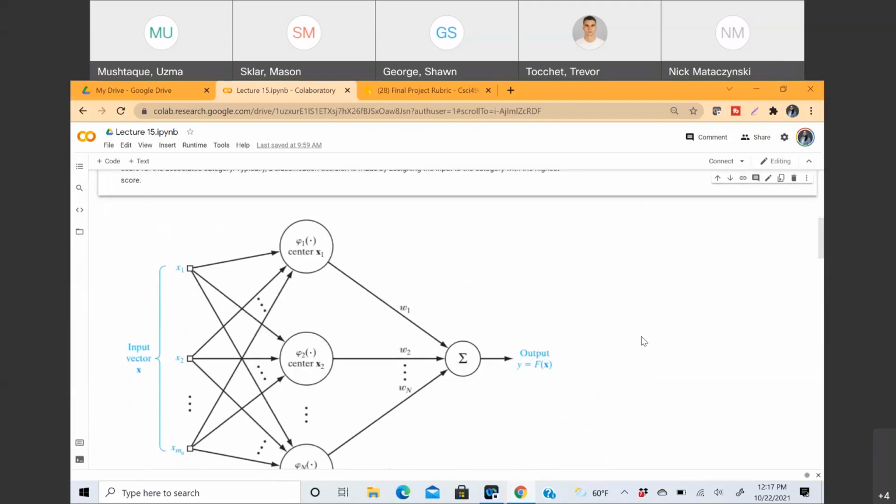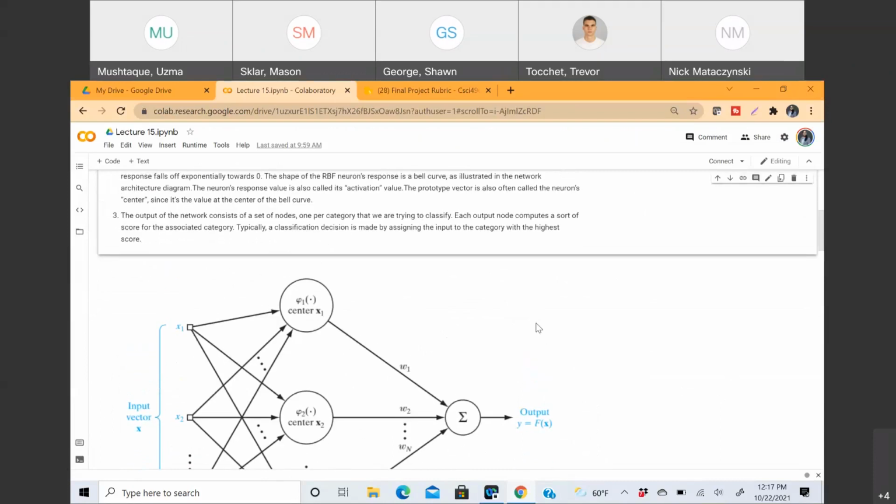So what happens in the output once we have these weights determined? The output consists of a set of nodes, one per category, or it could be just a single one, depending on the problem you're solving. The important thing to remember is that if you have multiple categories, a classification decision is made by assigning the input to the category with the highest score.